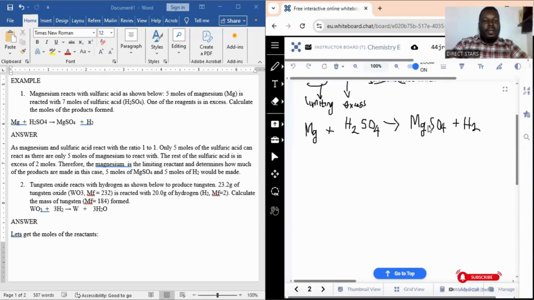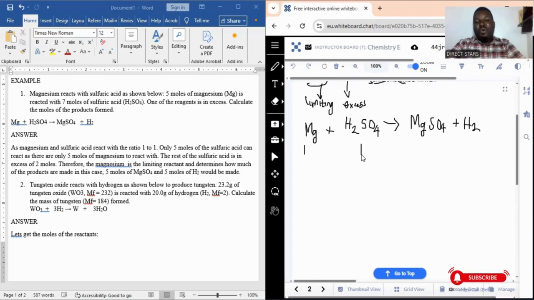So let's start. Here we have magnesium reacting with sulfuric acid. The mole ratio is 1:1. So what this means is, going by the question, 5 moles of magnesium is reacted with 7 moles of sulfuric acid.